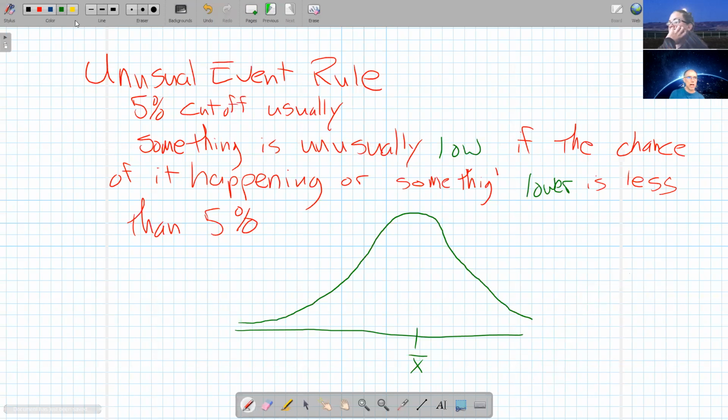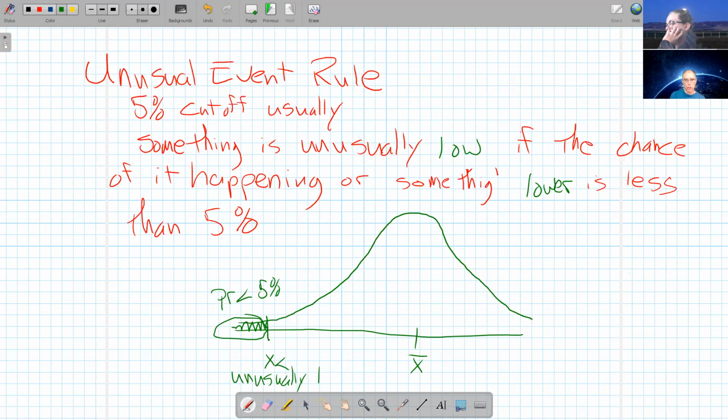If we find something has a measurement way out to the left, and we look at the probability of that happening or something less than X, and this probability is less than 5%, then we say, hey, this value, whatever it is, is unusually low.